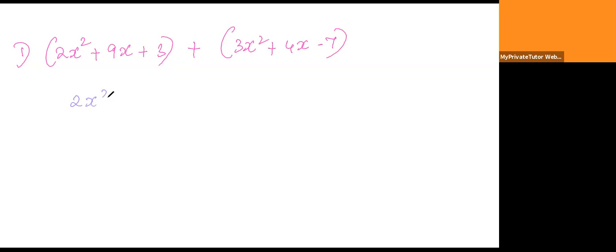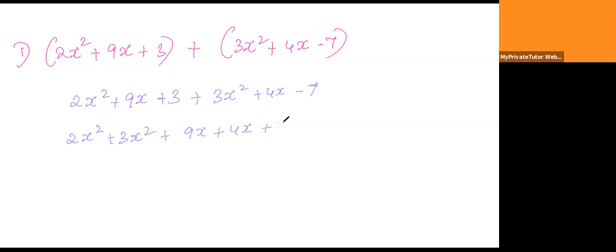So write the polynomials without the brackets. First remove the brackets. And what you will do, please combine like terms. Have a look at the terms we have. 2x square plus 3x square and 9x and 4x and constants 3 and minus 7.